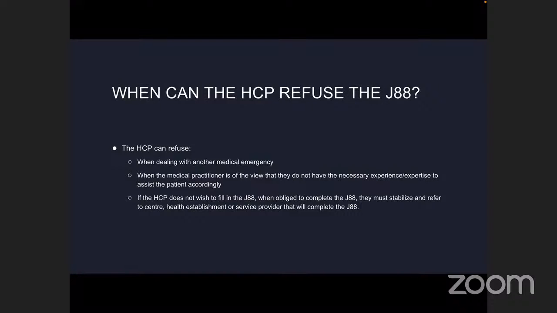But in these cases, if the healthcare practitioner does not wish to fill in the J88, the healthcare professional needs to stabilize the patient and then refer the patient to a center where they are able to fill in the J88 form.